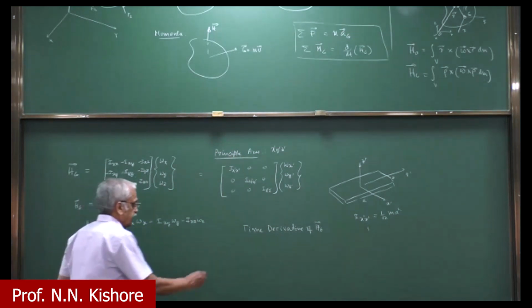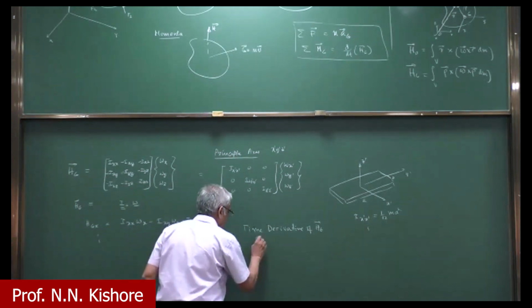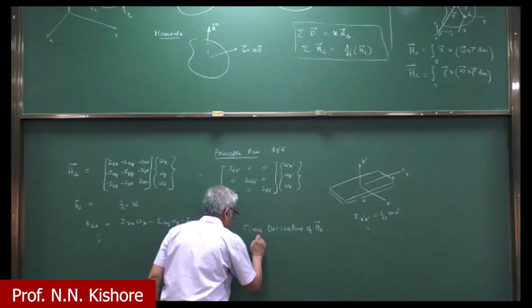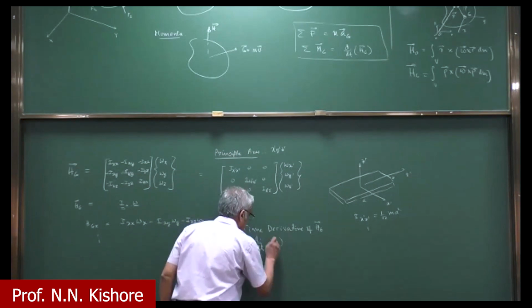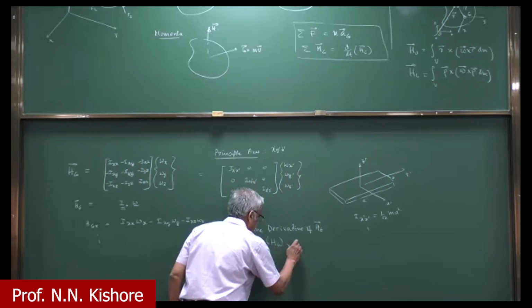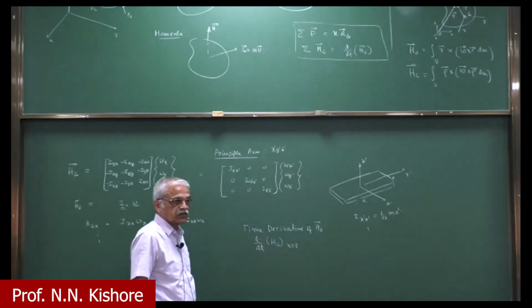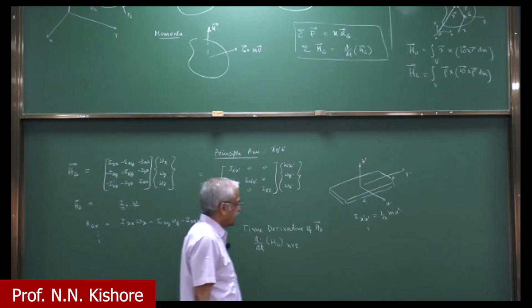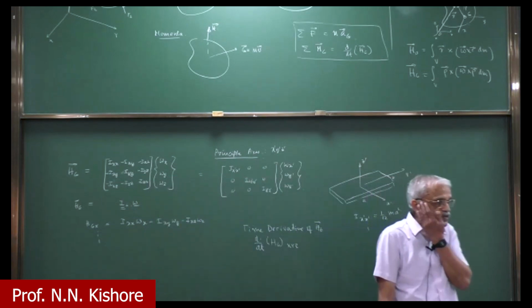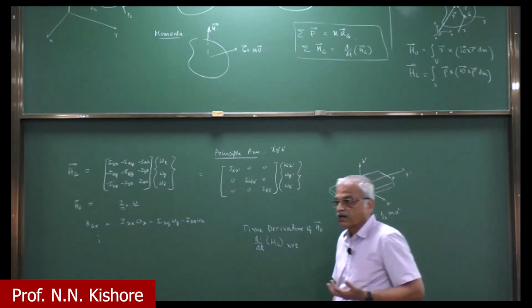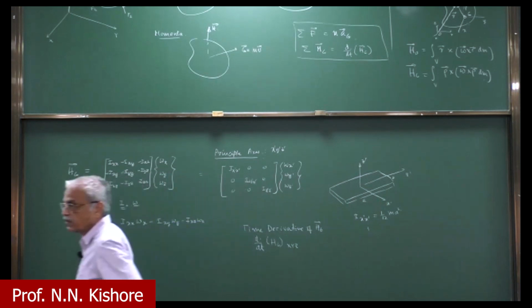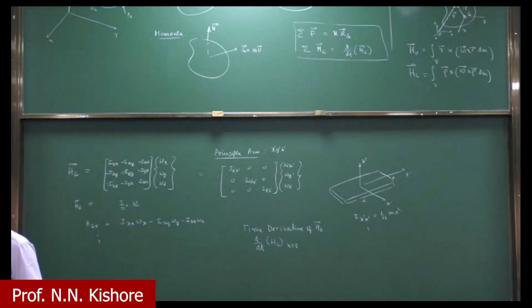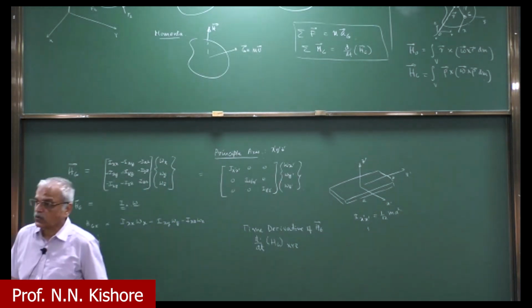So we want d dt of hg with respect to fixed axis, right? Everything is fixed axis. But then if you choose certain axis, small x, y, z, something which is maybe having an origin at g, but it is also rotating.